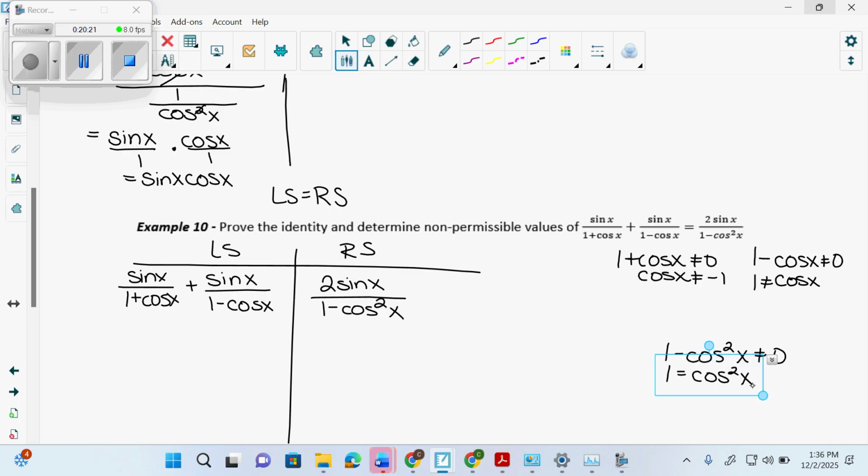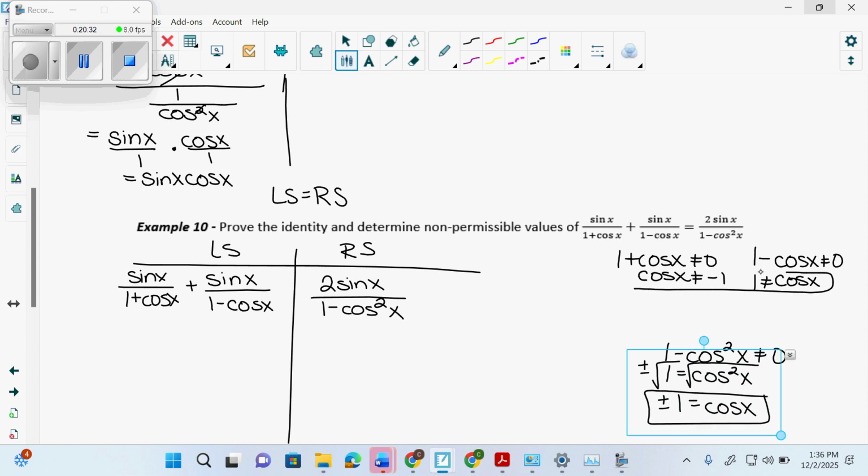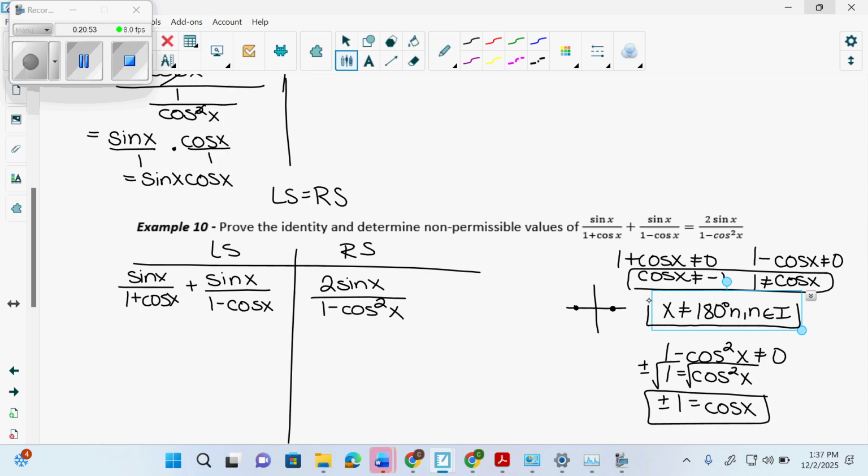Then I have to take the square root. When I do the square root, what do I have to remember? Plus or minus. So it's going to be plus or minus 1 equals cos x. So this encompasses both of these. It's the same thing, correct? So we really just want where cos x is equal to -1 and 1, which is here and here. So x can't equal 180 degrees n, or pi n, because I didn't specify it as radians or degrees.